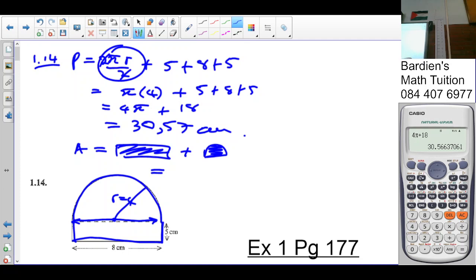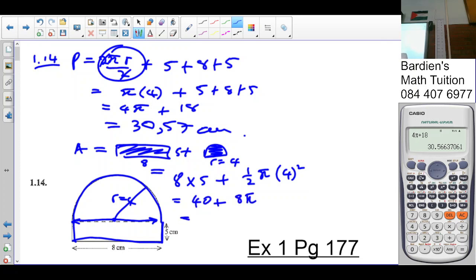Not so? So my length here is going to be 8 by 5. And remember our radius is 4. So it's going to be 8 times 5 plus, how do you calculate the area of a circle? Pi r squared. Since it's half a circle, so it's half pi and my radius is 4 squared. 5 times 8 is 40 plus 4 squared is 16 times half is 8 pi.